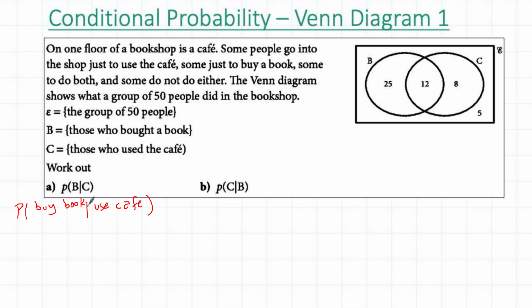By writing it out, in case your questions are more worded and there are no symbols in there, you can write them out like this and then actually do the formula using the written out method. So I need to find the probability of them buying a book and using the cafe, divided by the probability that they're using the cafe.